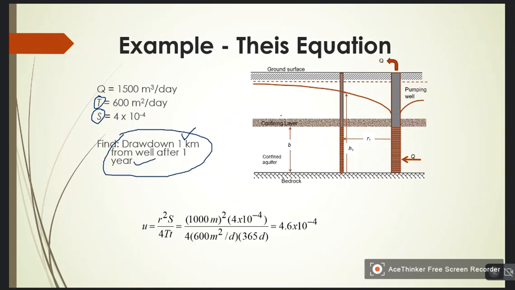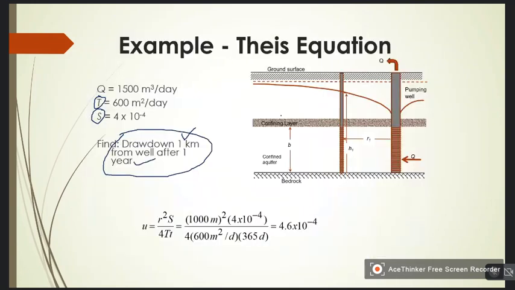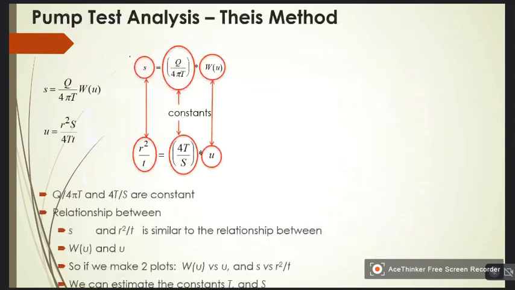So this is one application of the Thies equation. This is only possible if S and T are known. But in general, S and T are not known. So this method, pump test analysis, this Thies method, is used to determine the constants T and S.